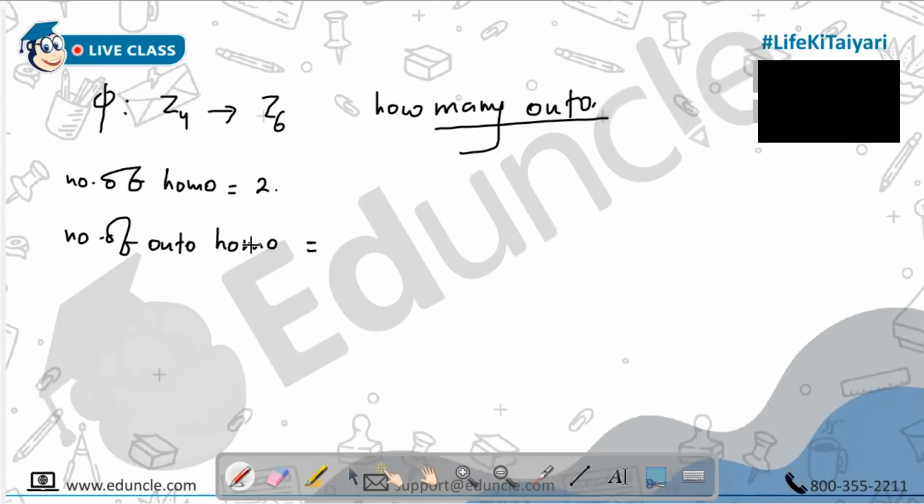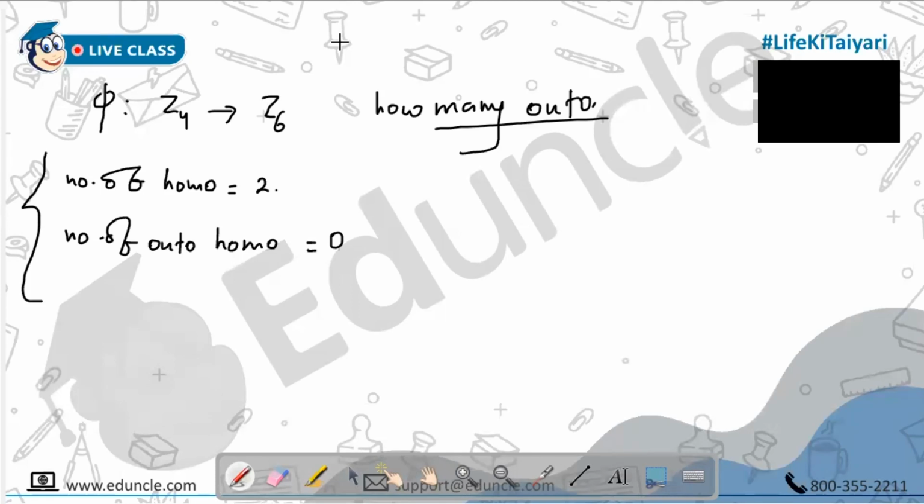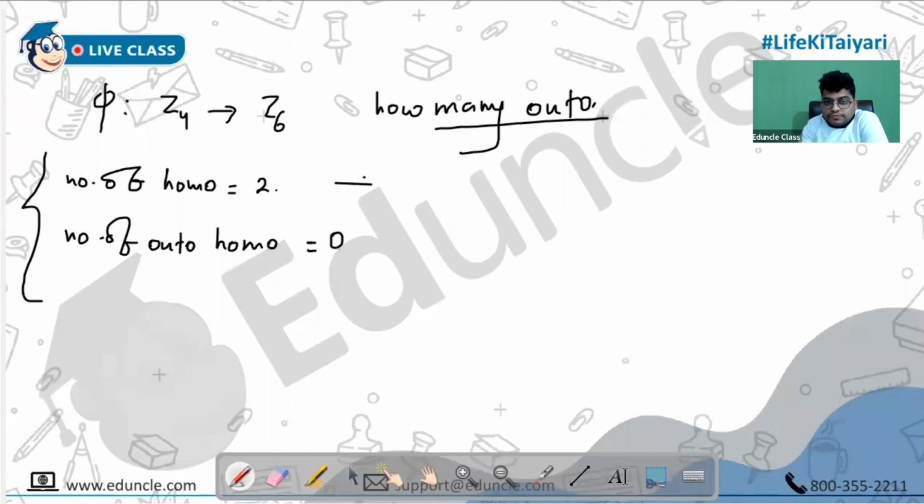Sir, it will be 0. Why 0? Sir, 3 will not have a pre-image, an element of order 3 will not have a pre-image in this. Yes. So basically the number of homomorphisms is 2 and the number of onto is only 0. Yes, you are right.